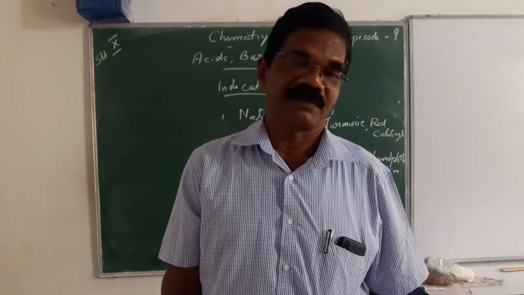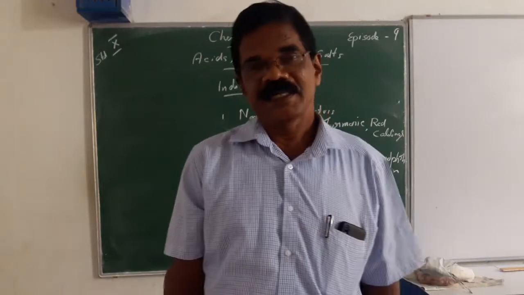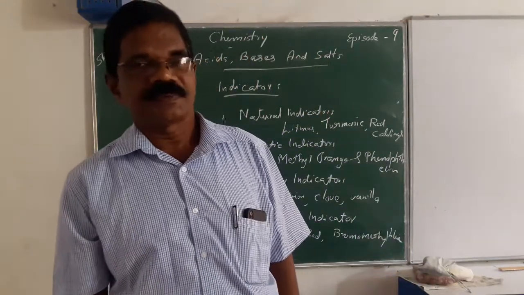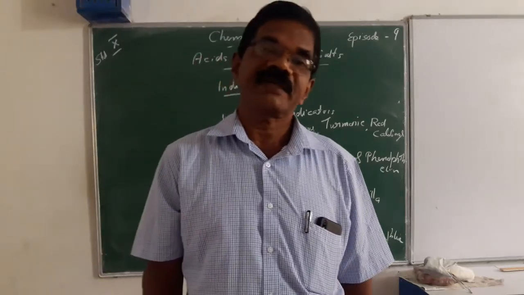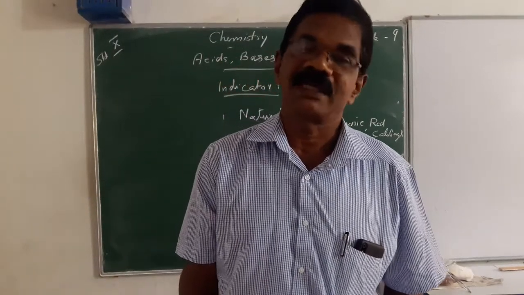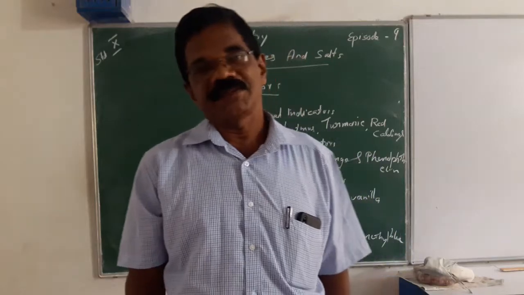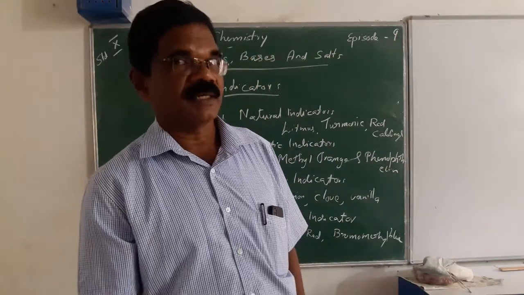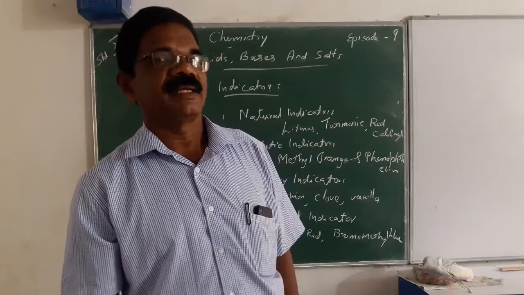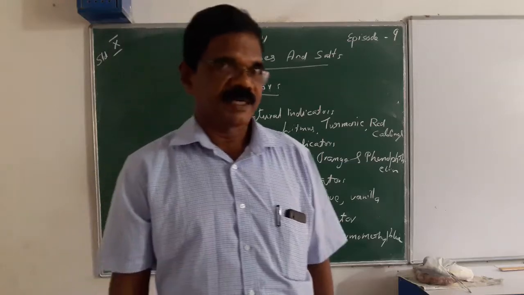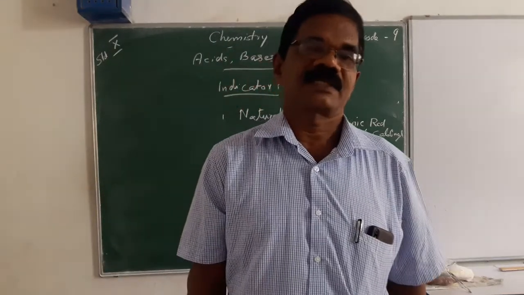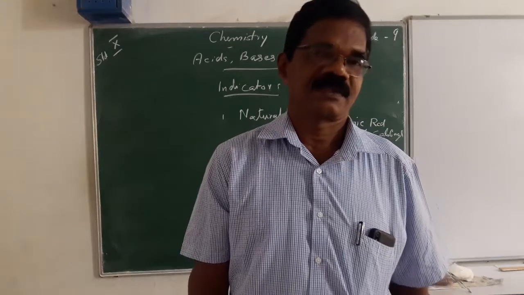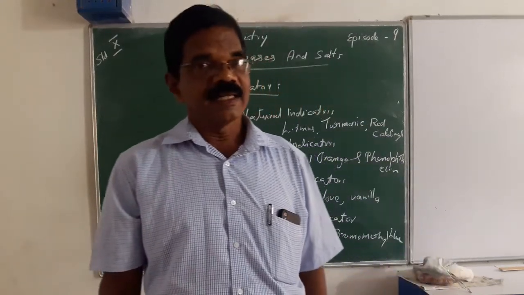We are going to study what is pH. It is a mixture of solutions of several compounds, by which we can measure the concentration of hydrogen ions in a solution. Then we can calculate the strength of hydrogen ions as well as the hydroxide ions. These are the different types of indicators.